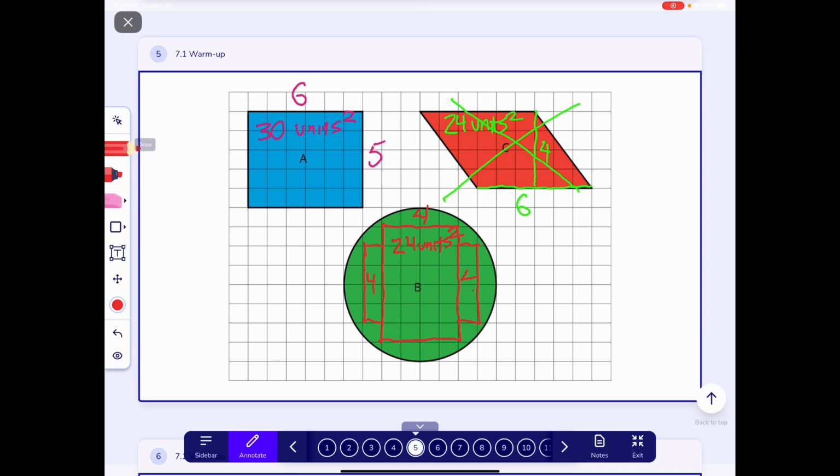It's an area of 4. And so it's 24 square units for this rectangle, and then it's another 8 for those smaller rectangles. So we do know it's larger than 30. And so this circle has the largest area here. So now the question is, what is the area of the circle exactly? And that's what this lesson is going to be about.